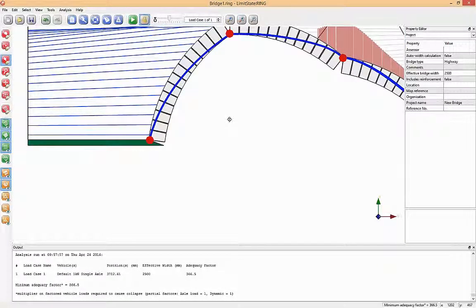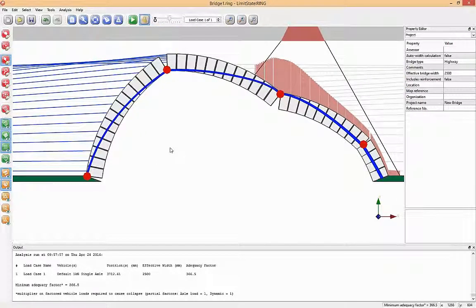Had my span been longer and my masonry strength a little bit weaker, then I might have expected a bit more impact. But the answer to the question is yes, you can model that very easily.